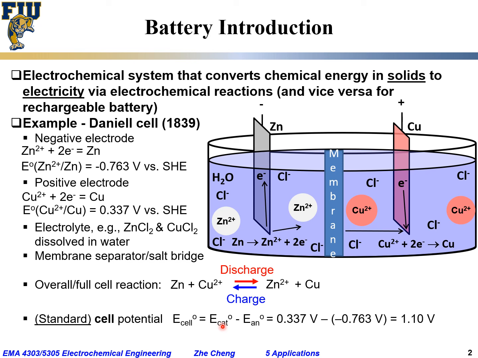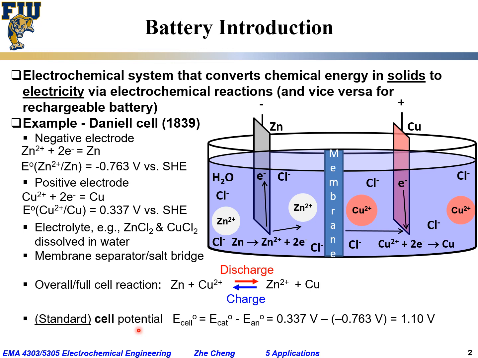The standard electrode potential for the cathode minus the standard electrode potential for the anode. The cathode is the one that is more positive, the anode is the one that is more negative. So we have 0.337 volt minus parentheses minus 0.763 volt, and the result will be 1.10 volt. This gives us the so-called standard cell potential.